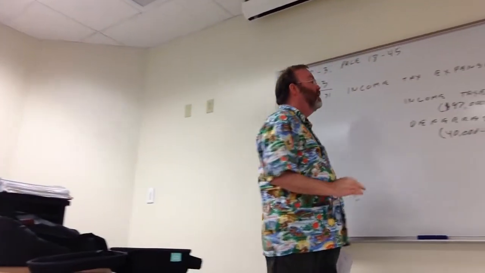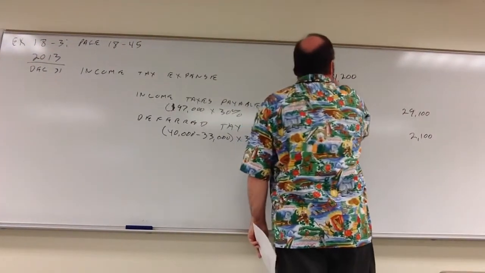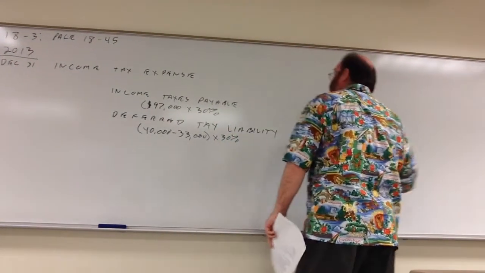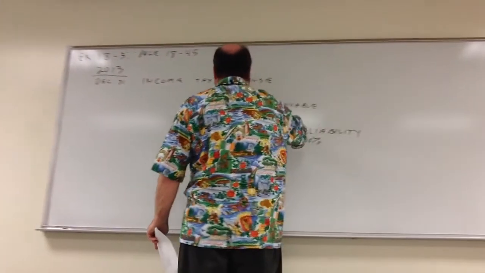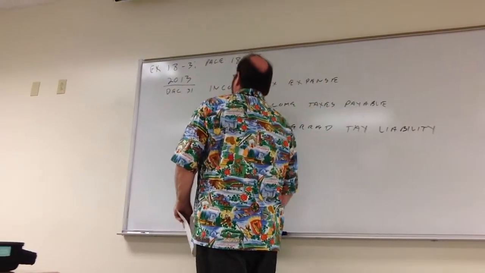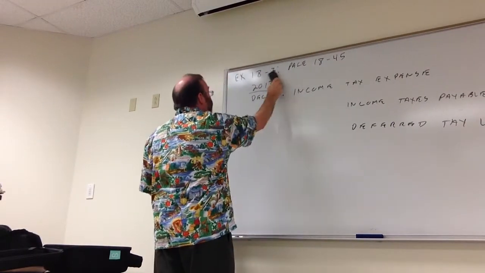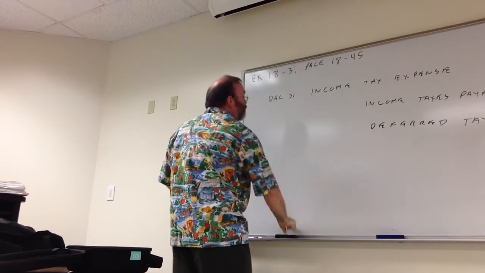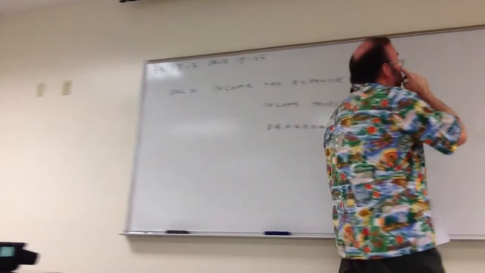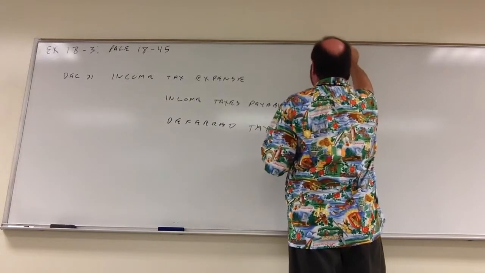And this shows the entire cycle of the temporary difference. So for this one, I'm going to write up here on the board, let's see, what does this start with? 2012.